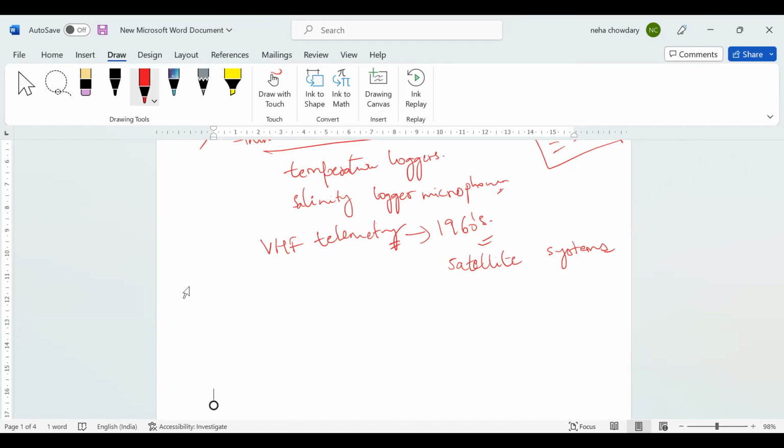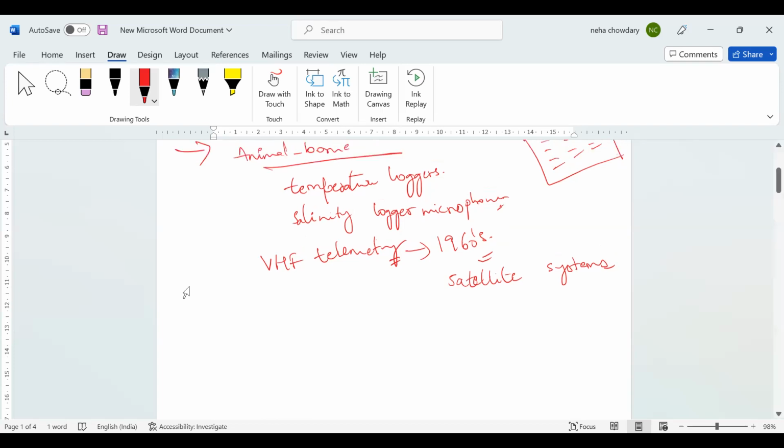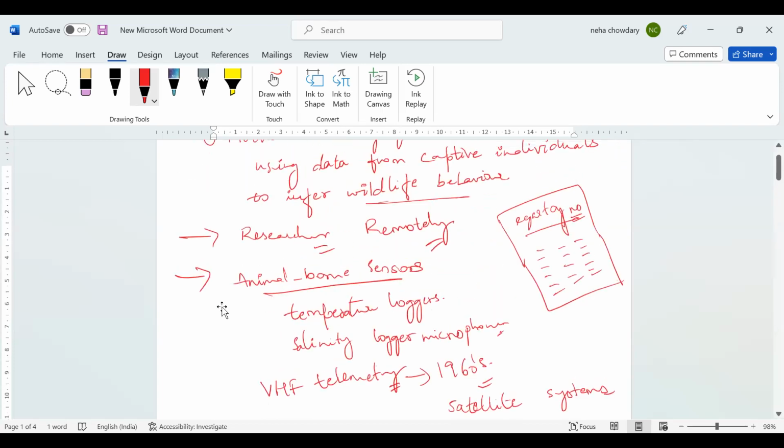So, the promising advance of behavior classification through machine learning is the ability to study the behavior of wild animals without observing them, and possibly without disturbing them.